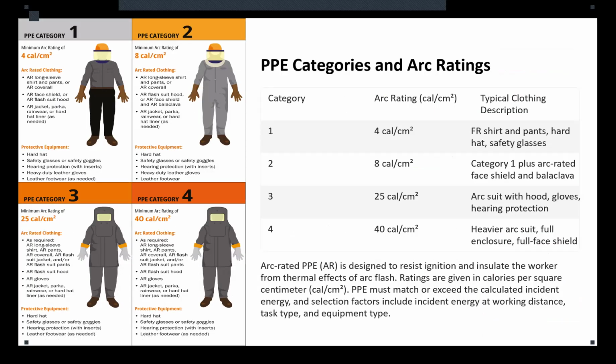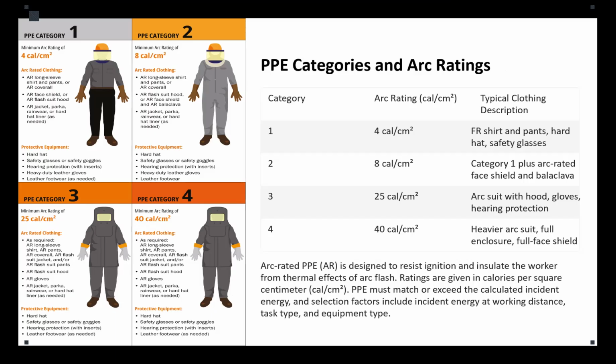Now, we mentioned that each incident energy and distance would create some PPE categories. So what are those categories? We have 4 categories in the system for arc rating, based on the incident energy. This is basically how we protect the workers from the incidents.